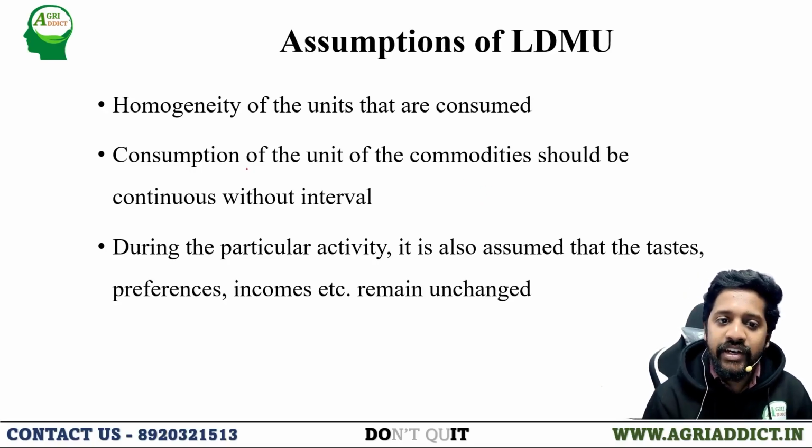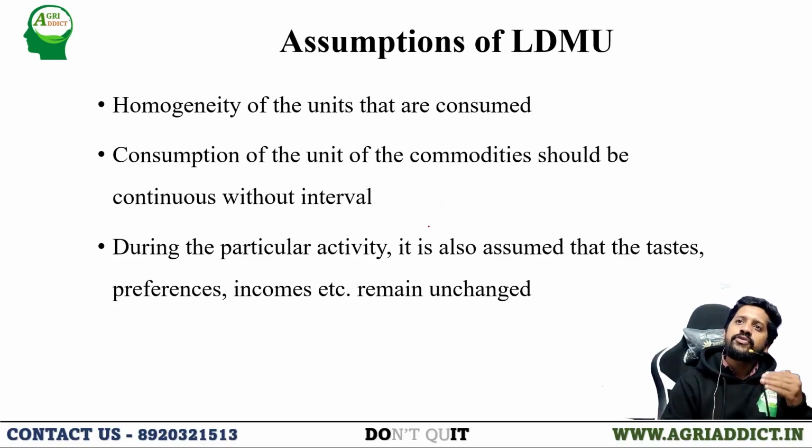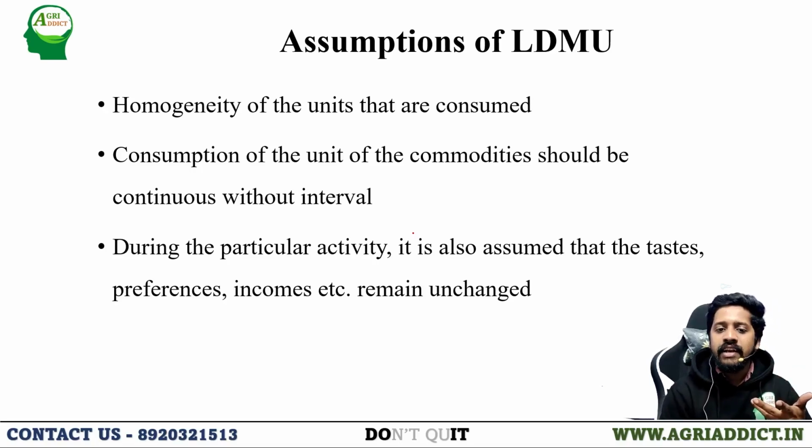And the second one is that consumption of the units of the commodities should be continuous, without interval. What if I am consuming 3 or 4 Tetra Paks continuously, and then I take a break? I will be roaming around the market, and when I come back, I will be feeling real thirst.